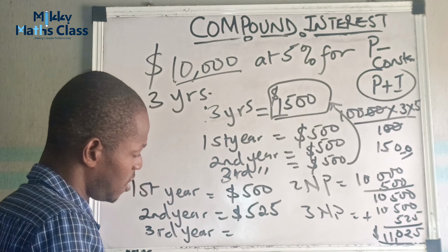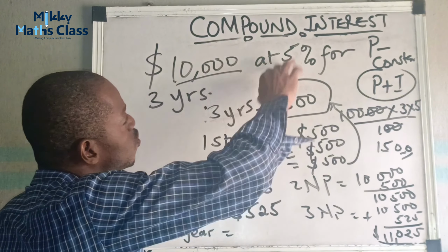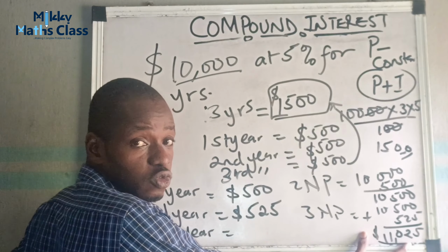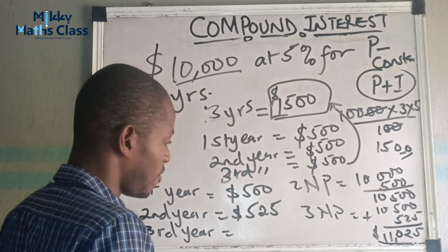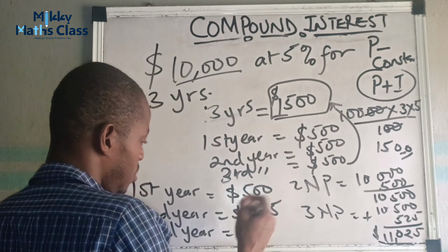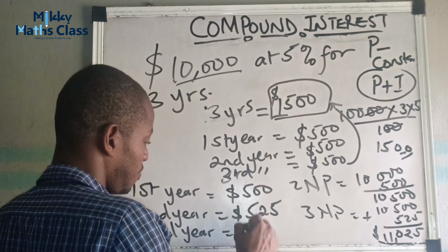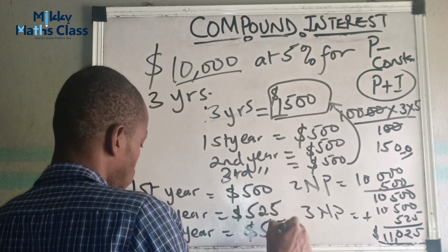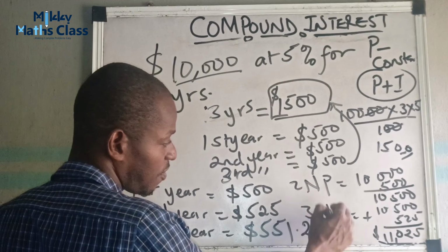Now we take 5% of this amount, which gives us $551.25.